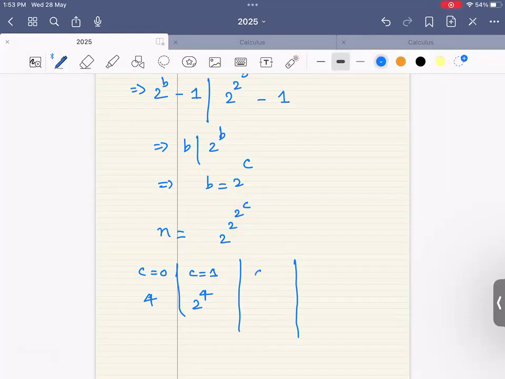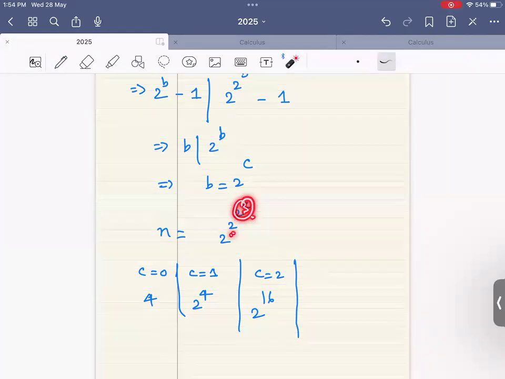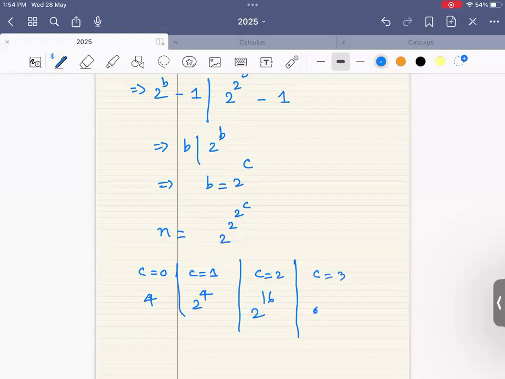And 2 to the power 16 is definitely less than 10 to the power 100, right? How about if you were to put c as 3? So this is 8. So this is 2 to the power 8, well, 2 to the power 256.